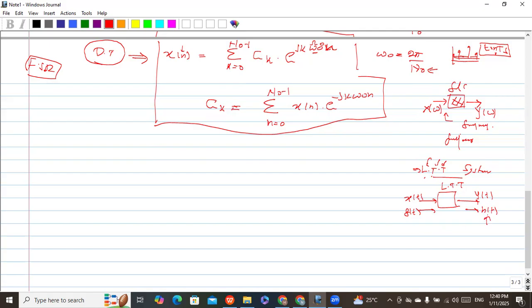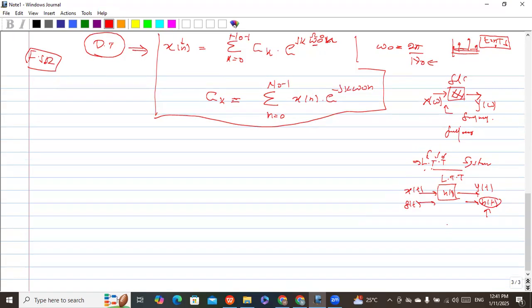Actually we can characterize this LTI system using this impulse response h(t). That means if we give an impulse to the system, the output is h(t), the impulse response. So we normally use h(t) to characterize this system.